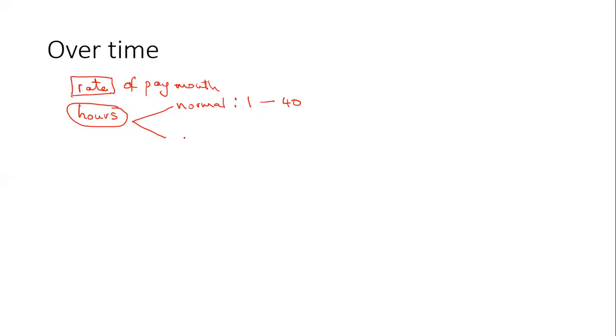But if you have more than 40 hours, for example from 41 onwards, 41, 42, etc., that means you have overtime hours. So if the person worked for 41 hours, it means that 40 hours were normal and 1 hour was overtime.